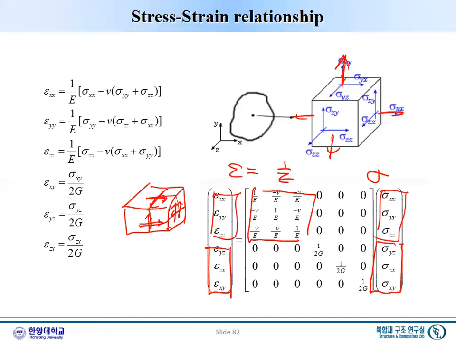This one is sigma xy, and it only changes the deformation, the angle change. So sigma xy doesn't do anything except epsilon yz, which is the angle change. It does not change the others, only this term.